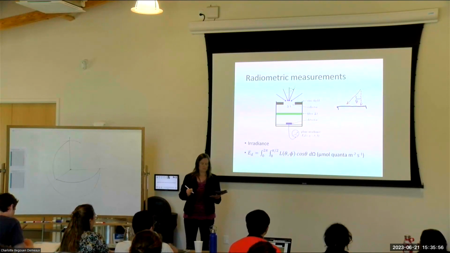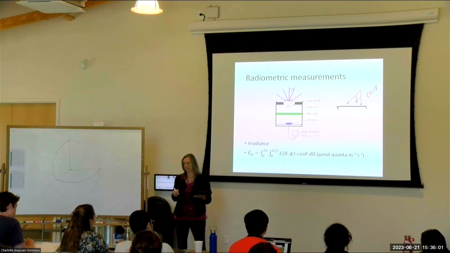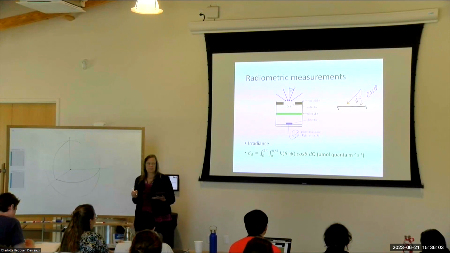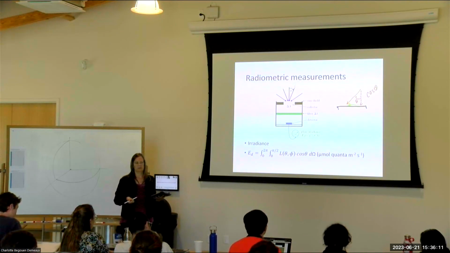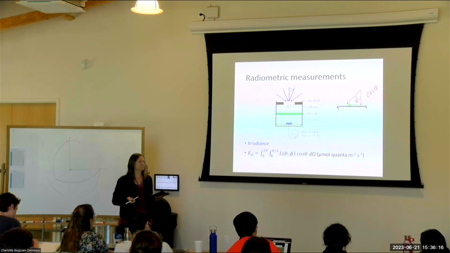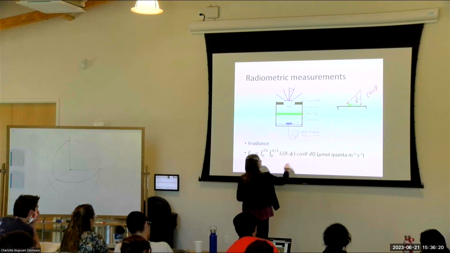And so that is where the cosine of theta comes in, because the horizontal part of that vector does not intersect with the plane of the sensor. So we don't measure it.